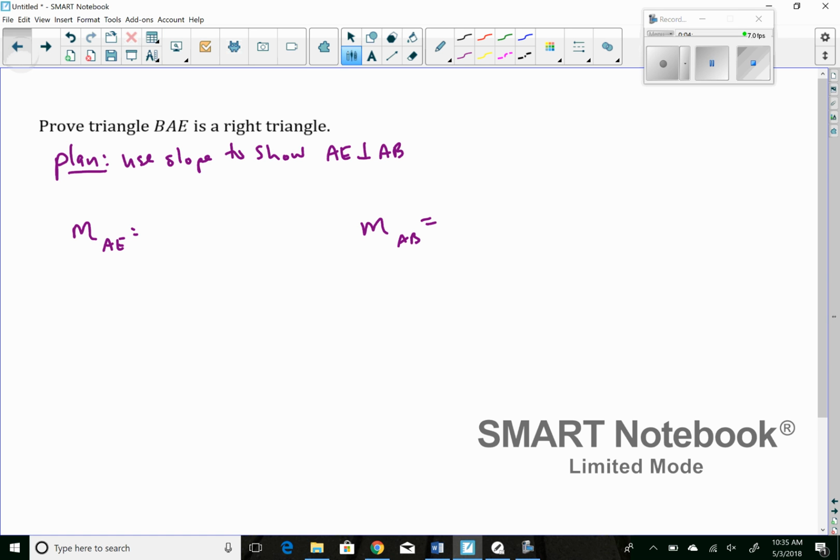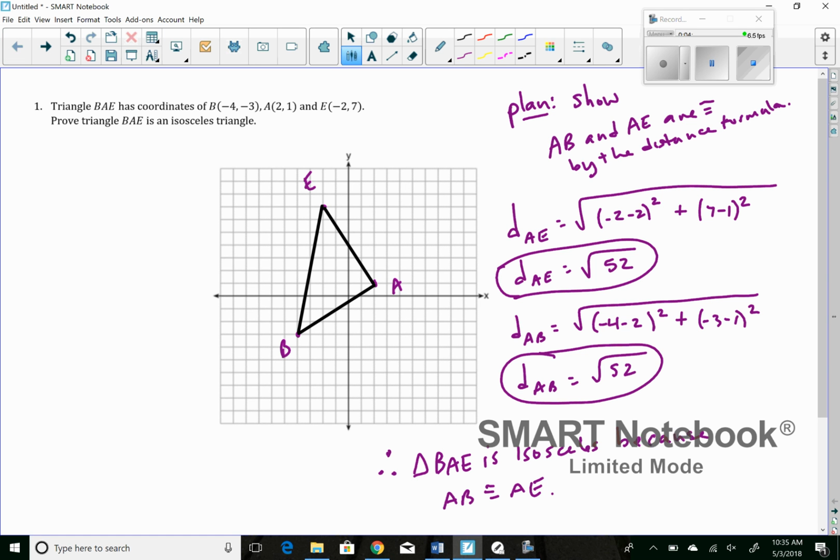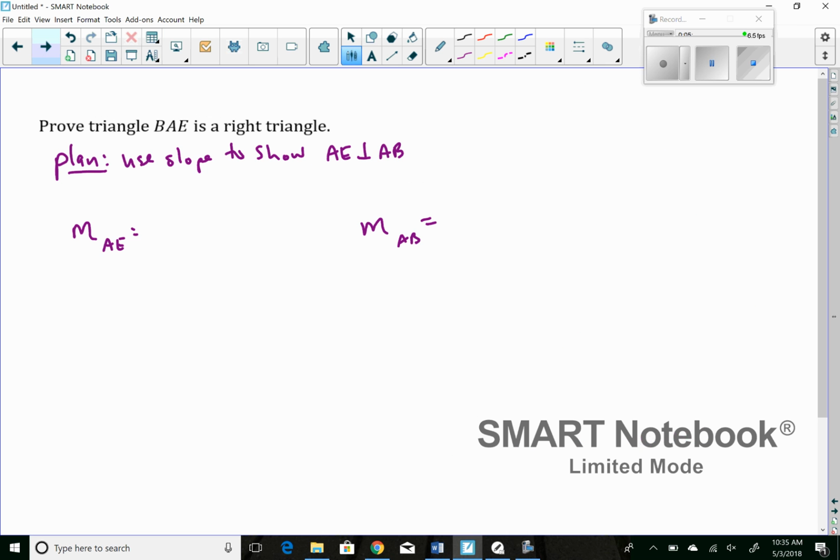So to find the slope of AE, I'm looking at how do I get from A to E? Well, I noticed that the slope of that line is down from left to right, so it's negative. So I'm going down 1, 2, 3, 4, 5, 6 boxes, and to the right 4 boxes. So the slope from A to E is negative 6 over 4. I then can reduce that to negative 3/2.